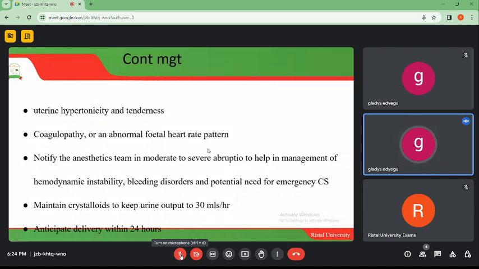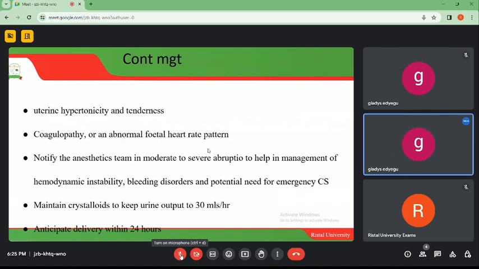So the normal urine output for a normal person is supposed to be 30 mils per hour. But if this mother is giving you less than 30 mils per hour, then you just know this mother is getting into danger. For you to maintain this output of urine within 1 hour, make sure that you maintain the crystalloids, so that the kidneys can continue functioning, and we shall be able to save the life of this mother.